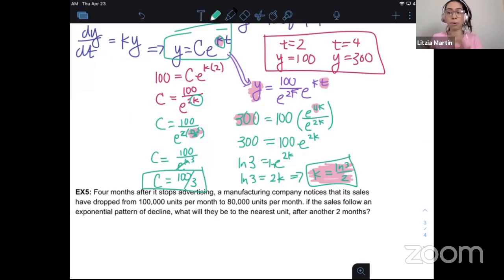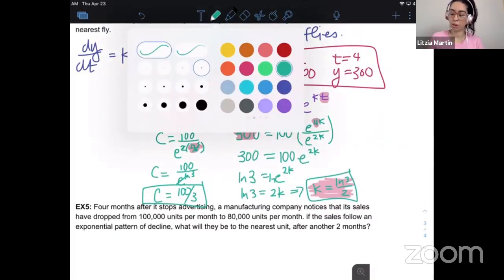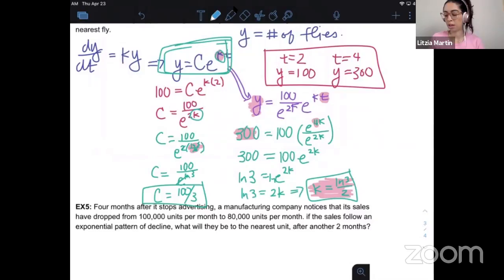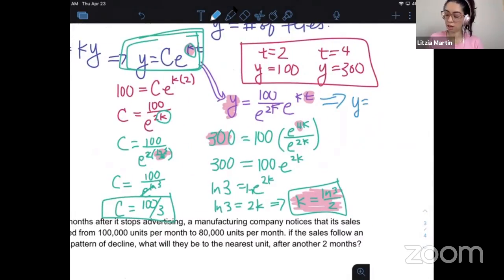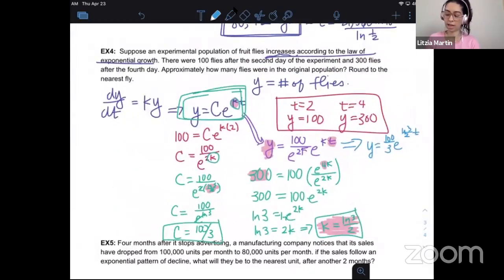We can now take both of those, plug them in to this equation, and now we have an equation that we can plug anything into. So we have y is equal to 100 over 3 times e to the ln 3 over 2 times t. And the question was asking us to find out approximately how many flies were in the original population.